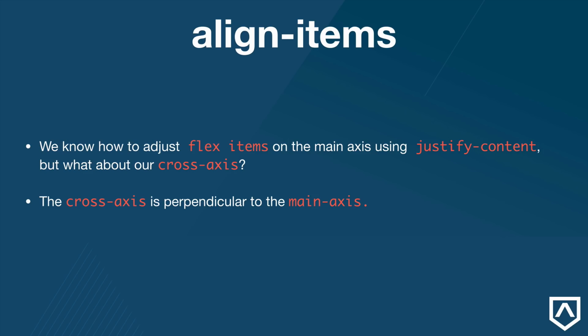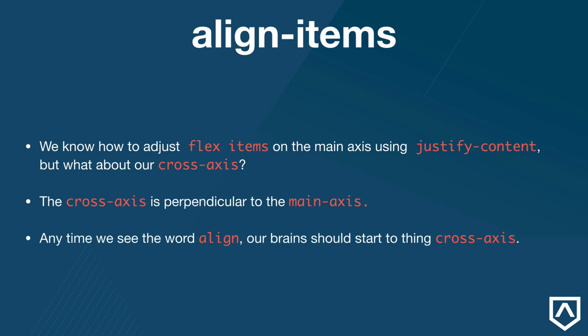If we look at our containers as a grid system, we have a cross axis and a main axis. You can think of a graph, like in mathematics. The cross axis would be the y, the up and down, and the main axis would be the x-axis, the right and left, the horizontal. So anytime we see the word align, our brain should start thinking cross axis. Justify should be main axis, align should be cross axis.